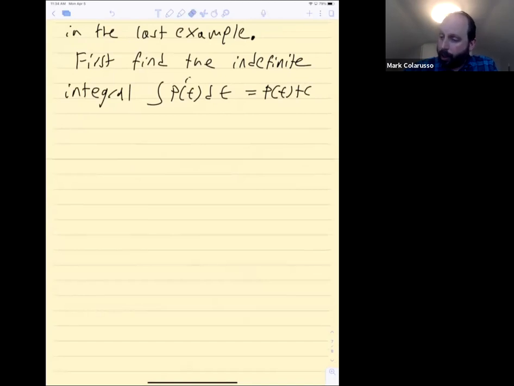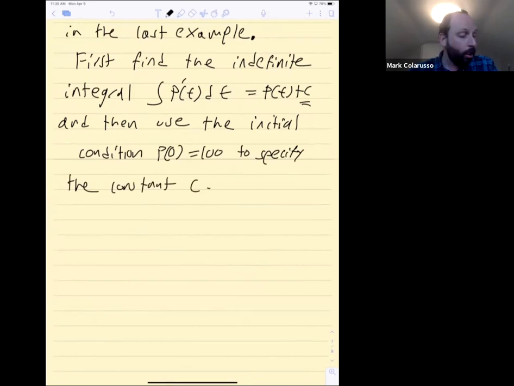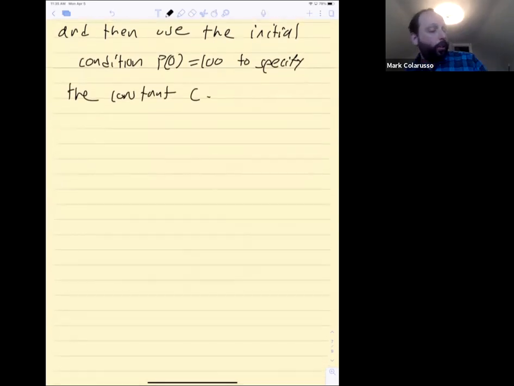So you find the indefinite integral of p prime, and then use the initial condition. Now, this really is an initial condition: P of 0 equals 100, to specify the constant c. Okay, so let's do that.